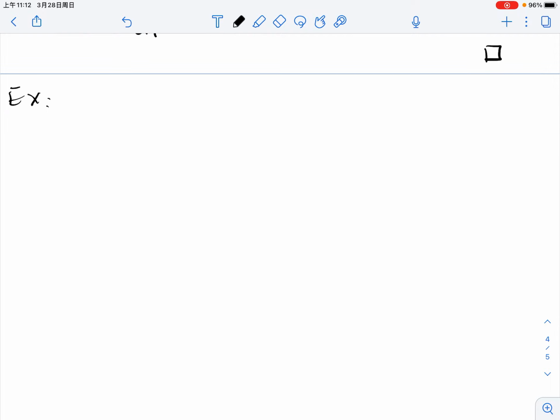Okay, now let's work out this program by an example. So suppose you have the following graph.